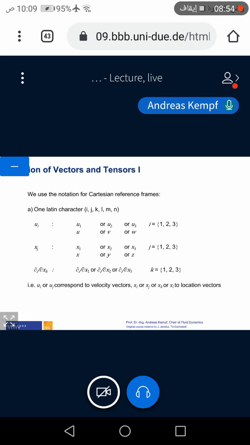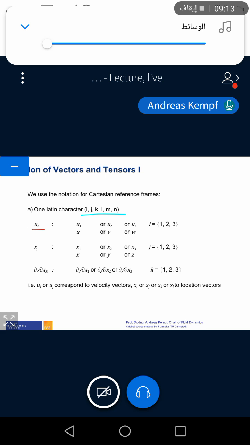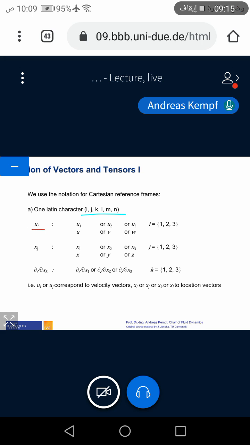Now let's have a look at the index notation and introduce it a bit more generally. So we use 1 Latin character as an index, i, j, k, l, m, n. If you run out of letters there, you can still use more letters. So we have something that is a ui. ui means it's a vector, u, with 3 components.